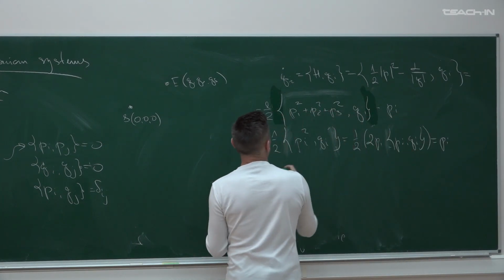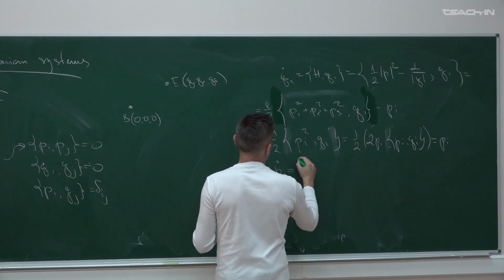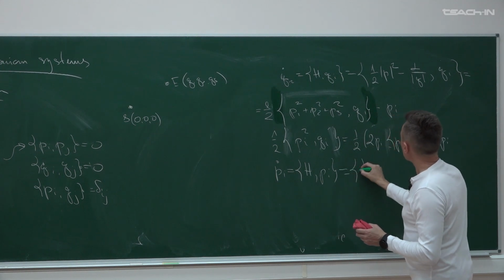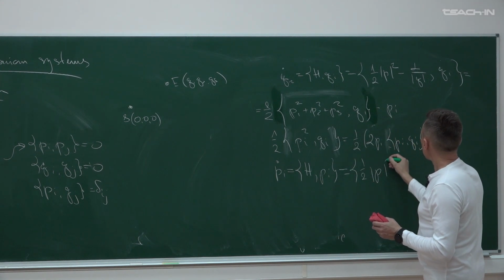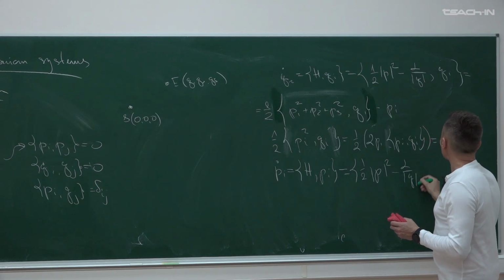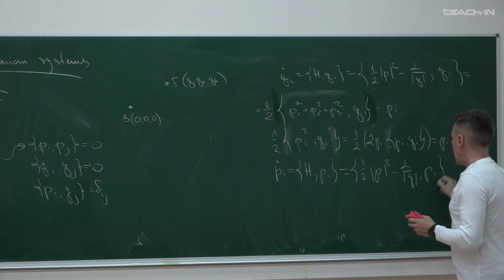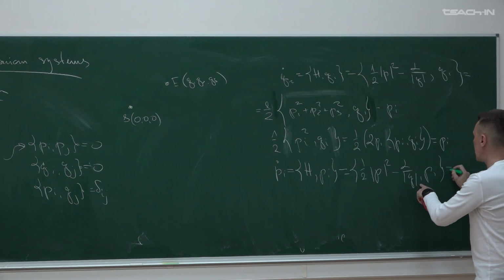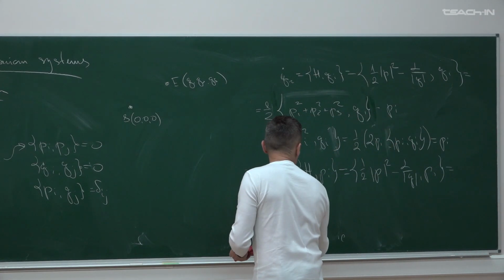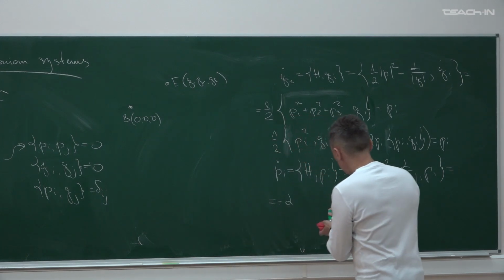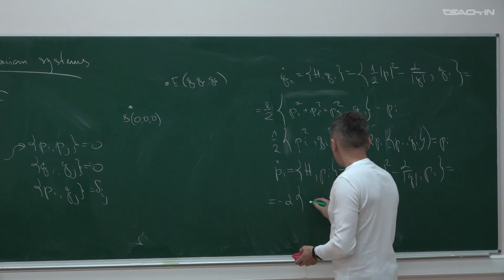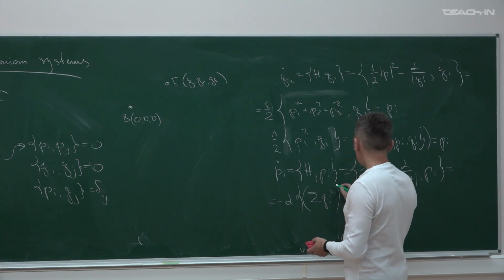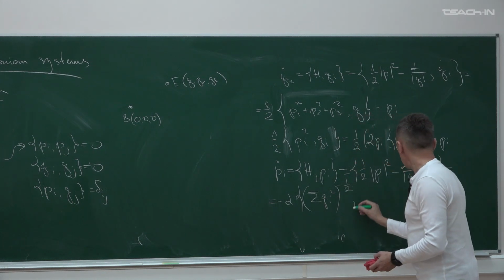The next Poisson bracket is a little bit more complicated, but I will try: p_i dot is the Poisson bracket of H and p_i, and it is one half p squared minus alpha over |q| with p_i. In this case, the Poisson bracket of the kinetic term is trivial. The only non-trivial one is here, minus alpha. I will write it as the sum of q_i squared to the power minus one half.